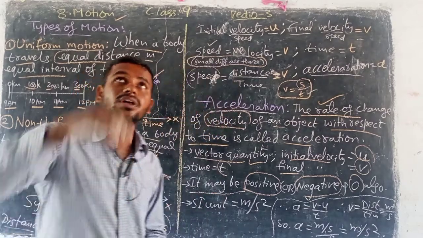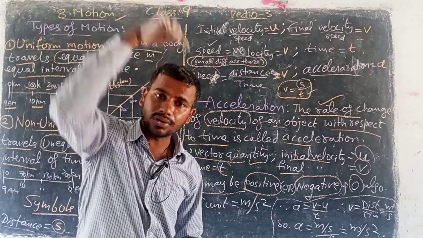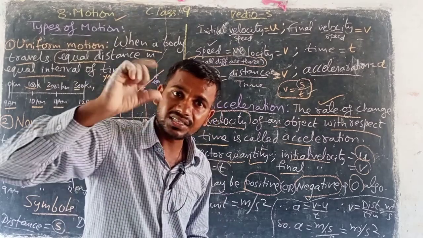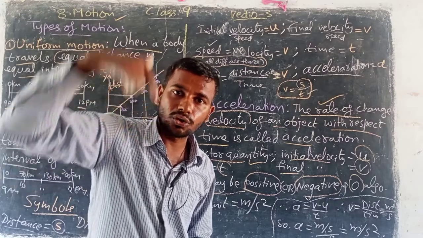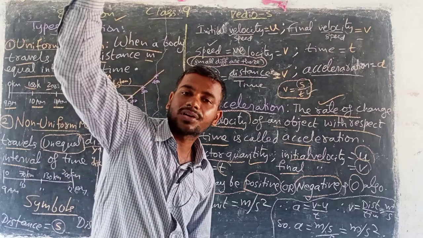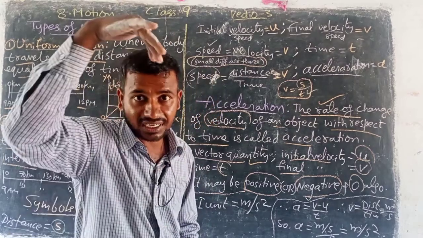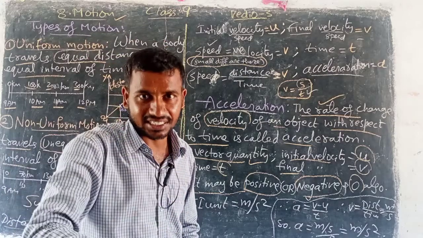For example, one stone coming from up to down, then its acceleration rate will increase too much. So that is called positive. While the stone is coming from up to down, its speed is increasing.